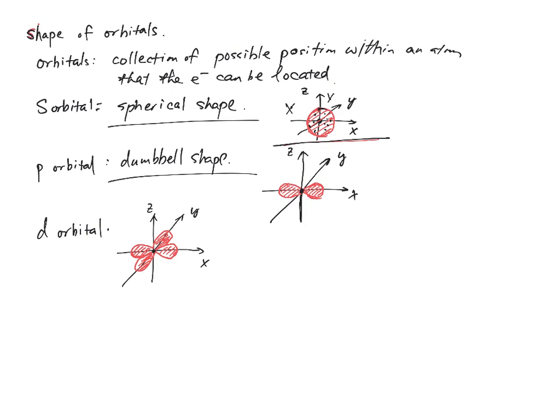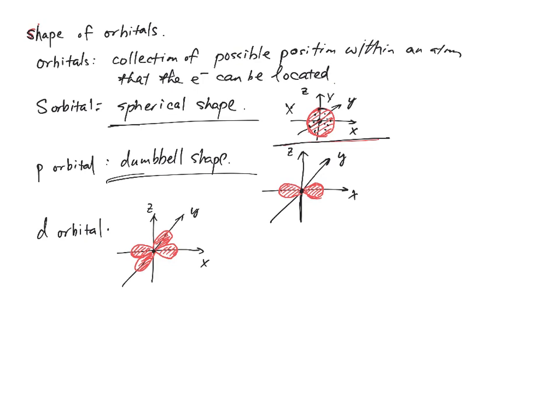The whole point is for you to at least know your s orbital and p orbital shape, and understand that each orbital is essentially a collection of positions for your electron in that orbital to show up at.